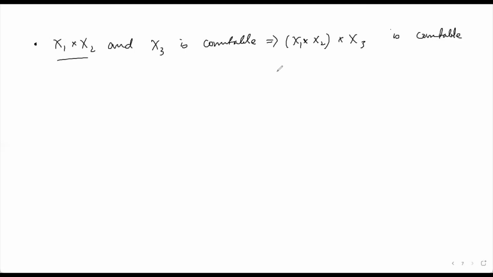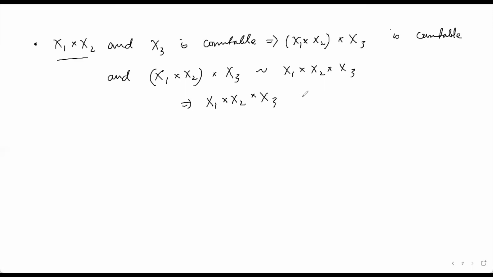And X1 cross X2 cross X3 is the Cartesian product, and this implies X1 cross X2 cross X3 is also countable.